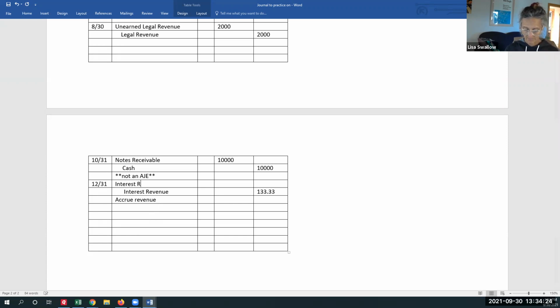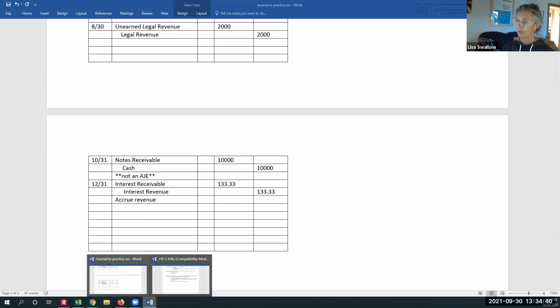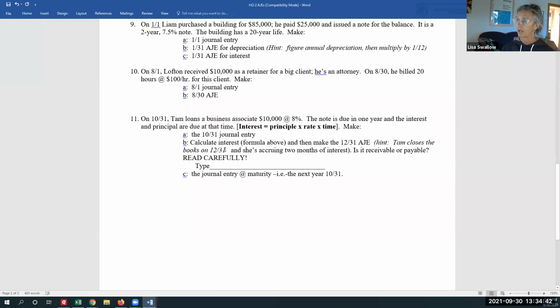My debit is to interest receivable. It's an asset on my books, just like accounts receivable, notes receivable, anything else. It's something that I own. She's going to give it to me at the end of the year. So now we finish this up. So the type of entry is accrued revenue.